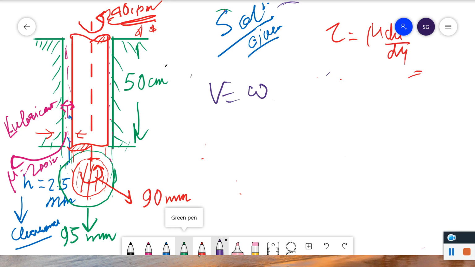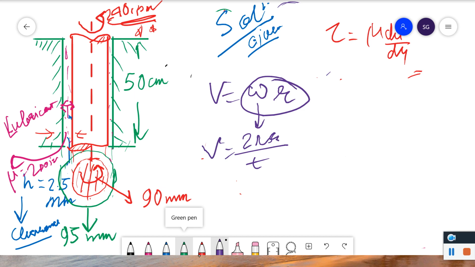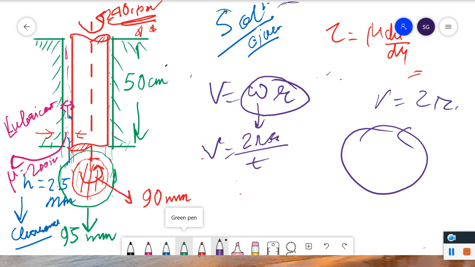V is equal to omega r. And one more reason why V is equal to omega r: I showed you that omega is equal to 2 pi upon t, and this r gives 2 pi r. So what is V? V is 2 pi r upon 60. If you consider this is a circumference, V is equal to 2 pi r upon 60.